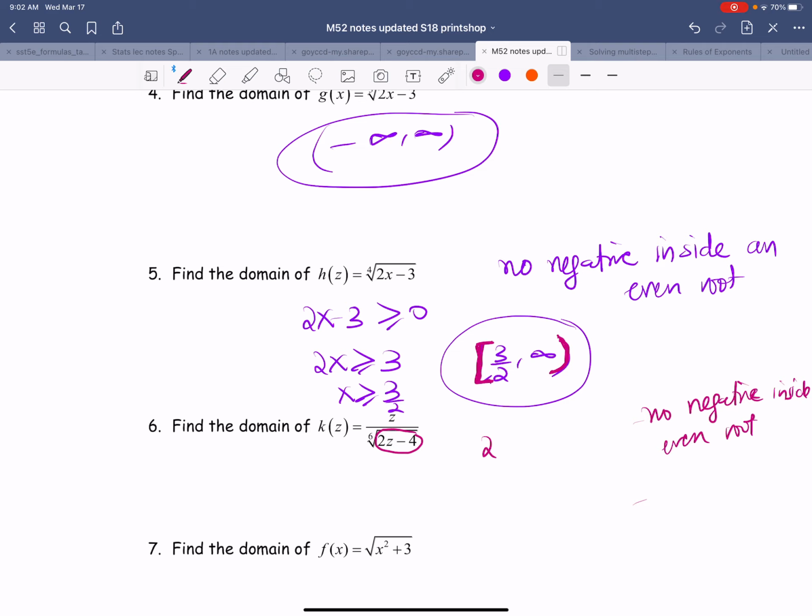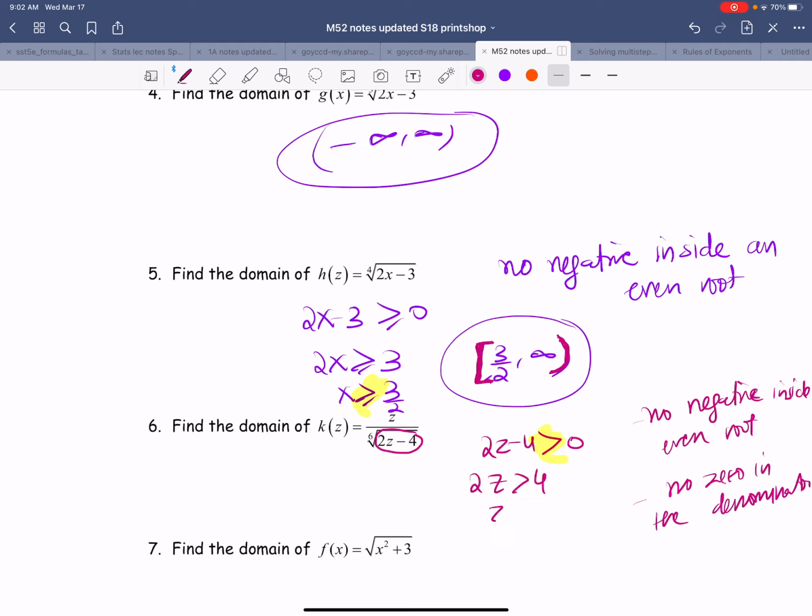And I also don't want to have 0 in the denominator. No 0 in the denominator. That's another issue because I have a fraction here. So the 2z minus 4 has to be greater than 0, not greater than or equal to 0 like we did in the last case. Only greater than 0 because we don't want it to equal 0.